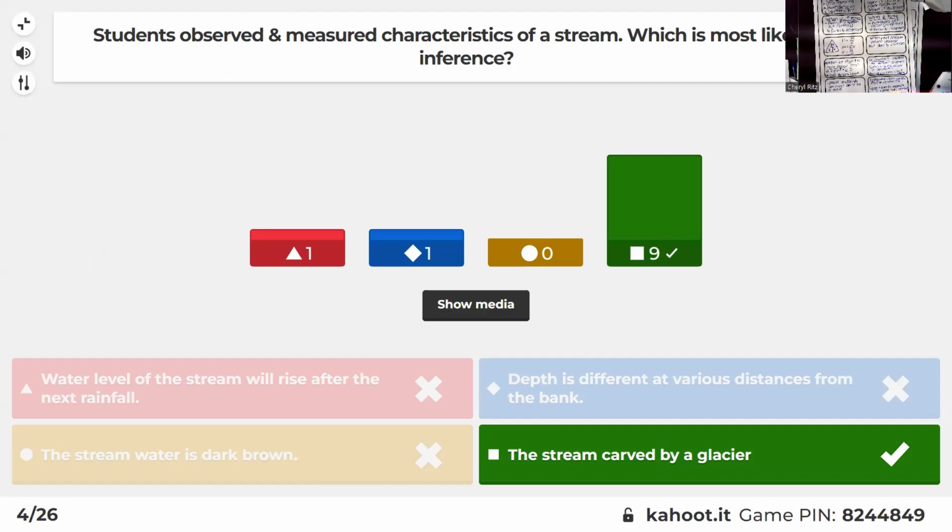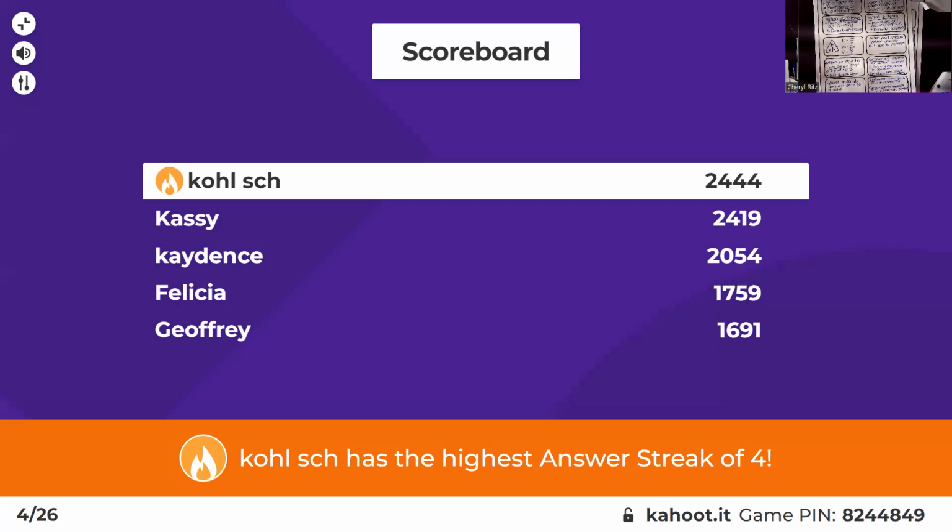It's a prediction, a guess about the future. So we just wanted the plain old regular guess. For this one, it said the depth is different at various distances from the bank. As the question said, they observed and measured. So they were there, they observed, and they went out and measured the different depths. So that's still an observation.